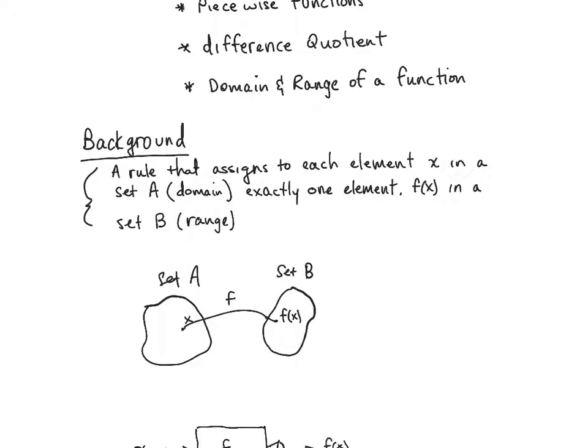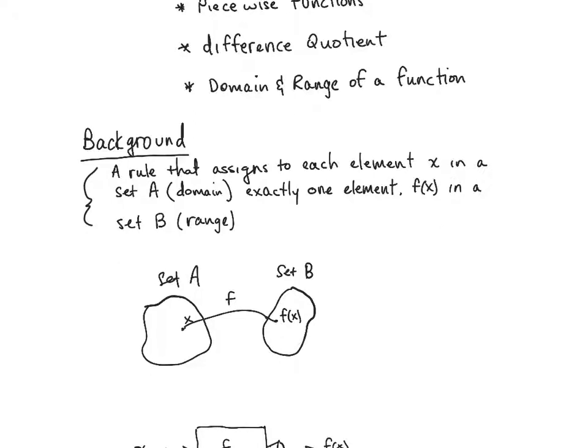So a rule that assigns to each element in a set A exactly one element called f of x in a set B. Now I know sometimes it's hard to just straight up read a mathematical definition and make a lot of sense out of it.